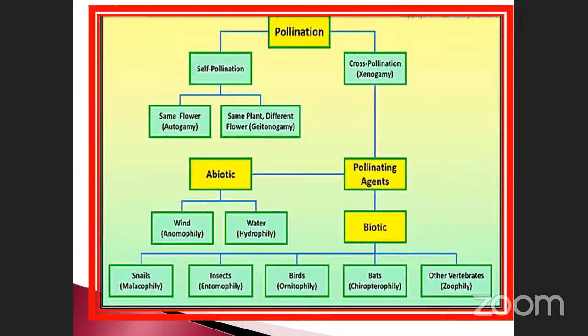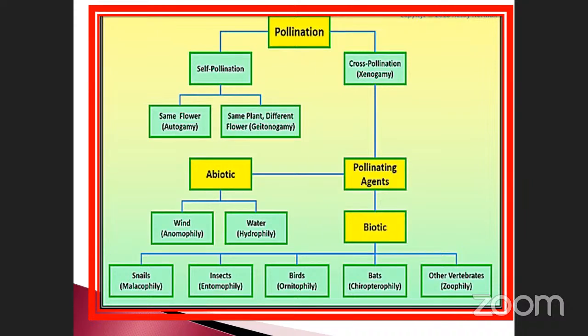Pollination, already we discussed these things. According to the factor, pollination may be divided into many types. Self-pollination is the same flower and same plant; cross-pollination is different flowers. In xenogamy the pollinating agent is also biotic. Biotic means living organisms.